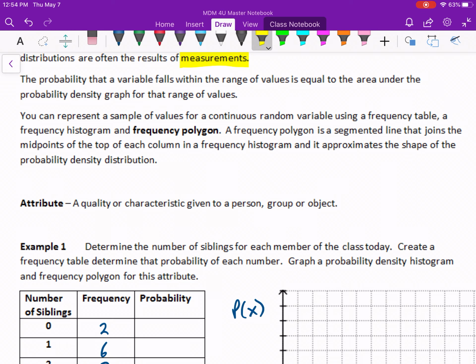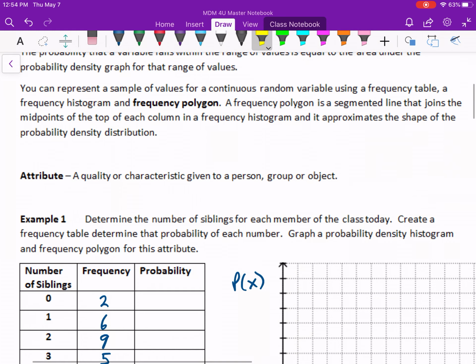If we take the area underneath the graph, that gives us all the probabilities. And if we take a section of the area under the graph, the area we look at compared to the entire area will give us the probability of something occurring within that range. Anyway, we'll get to that.